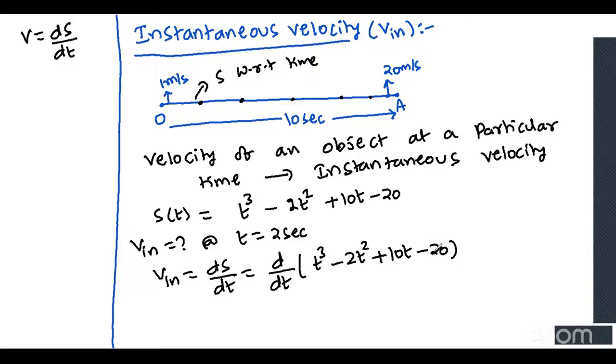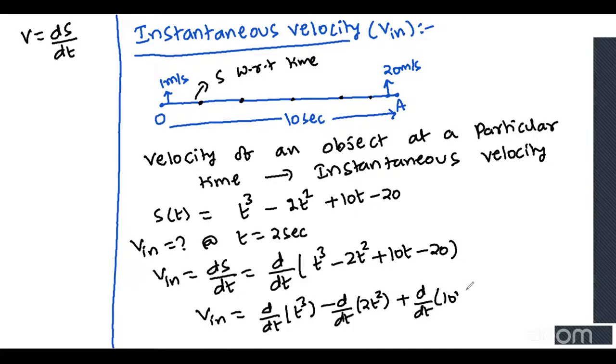Now do the differentiation. Apply differentiation separately: d by dt of t cube, minus d by dt of 2t square, plus d by dt of 10t, minus d by dt of 20. d by dt of t cube means 3t square.